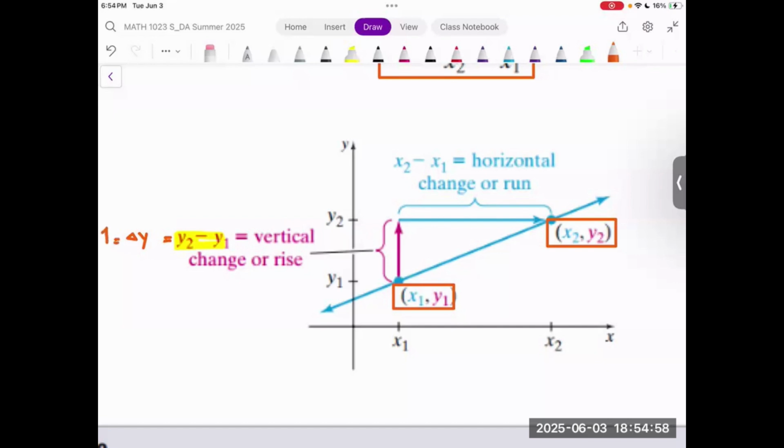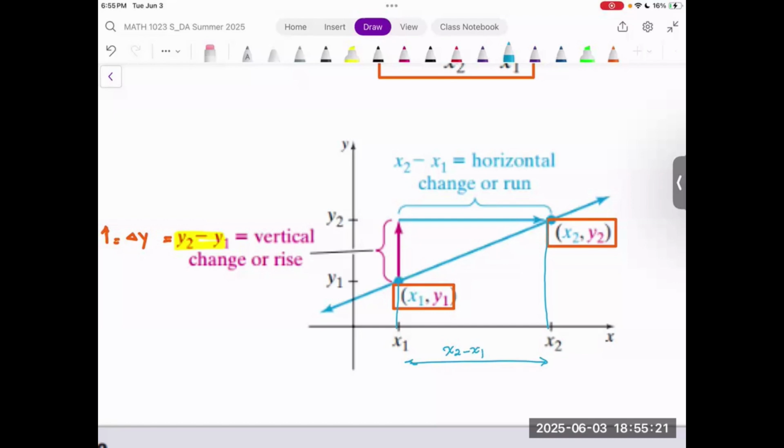So this is how much you're going up. And you can do the same thing for this. So if you do x2 minus x1, and that obviously is the run, right?